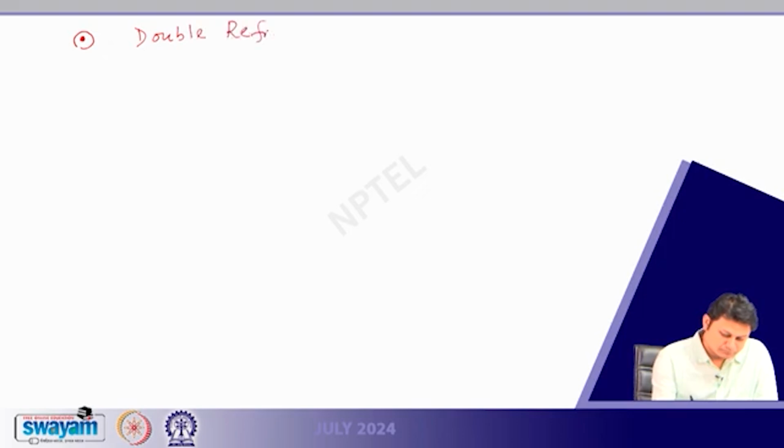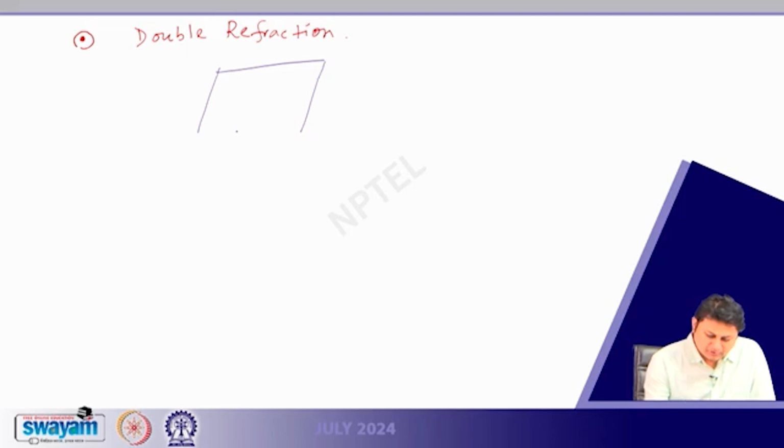For example, we have such a crystal, say calcite crystal CaCO3. Let me draw it nicely.